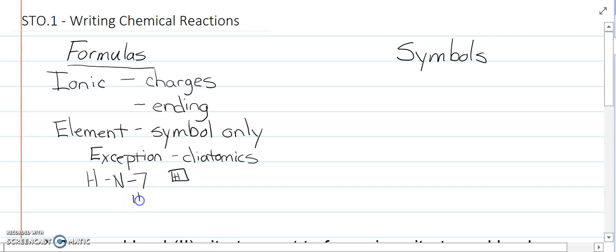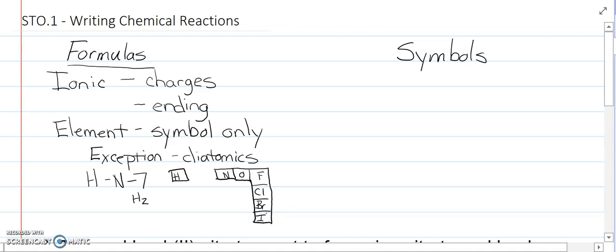Hydrogen is always going to be an H2. N referring to nitrogen because that becomes your starting place, and that's N2. And then on your periodic table, you literally make the shape of a 7. And that will include oxygen, fluorine, chlorine, bromine, and iodine, which are the remaining elements that are going to be diatomic.